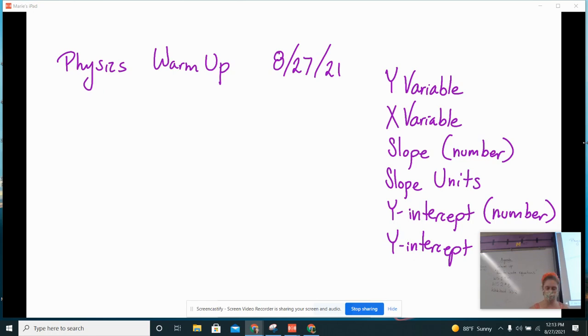And I want to make sure that your equation is in the format of y equals mx plus b, which is called slope-intercept form. So these are the 7 things that I want to make sure that you know how to do. Make sense?